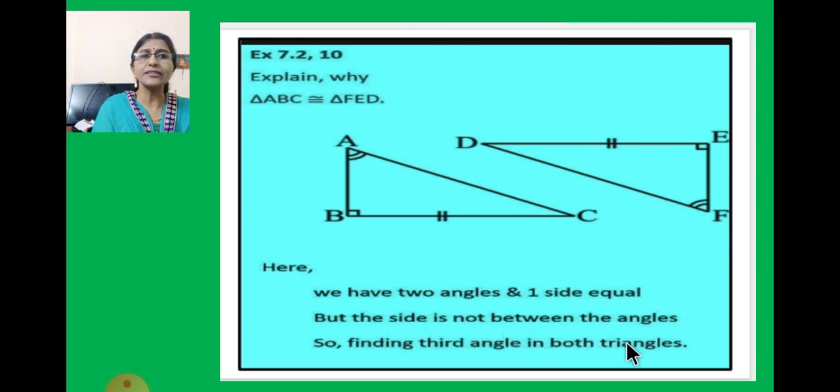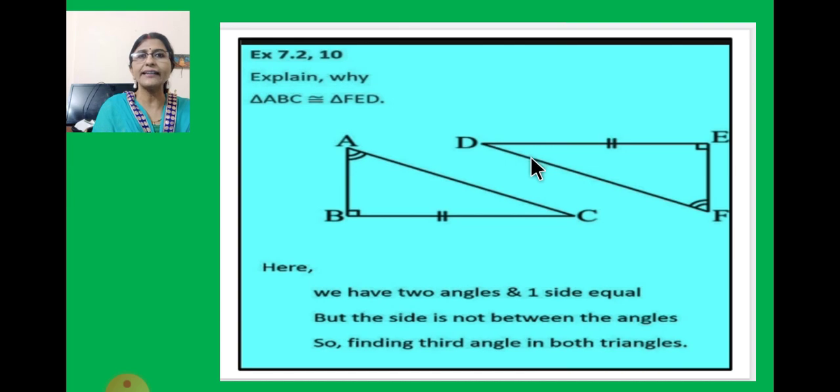But the side is not between the angles. You can see the side should be in the middle, but it is here. So it is not in between the angles. This side should be here. So we have to find out the third angle of both the triangles. So we need to find out one angle here and one angle here.